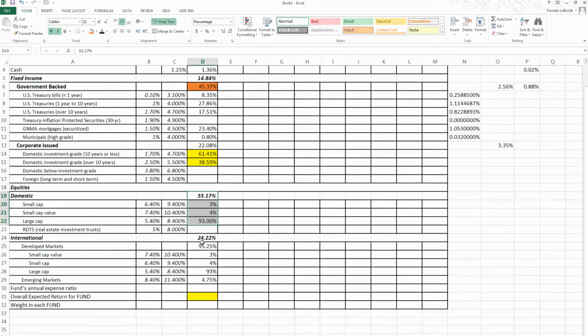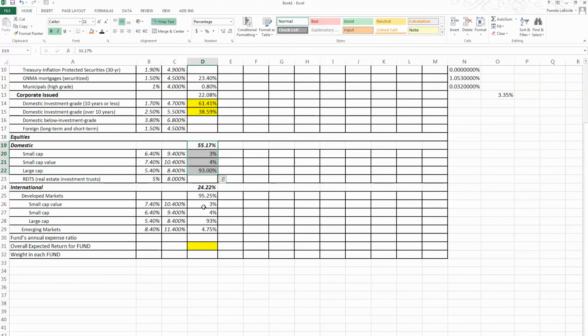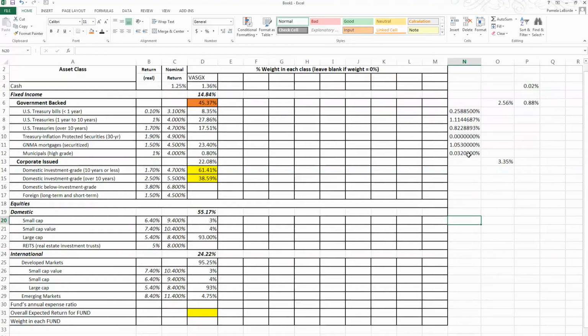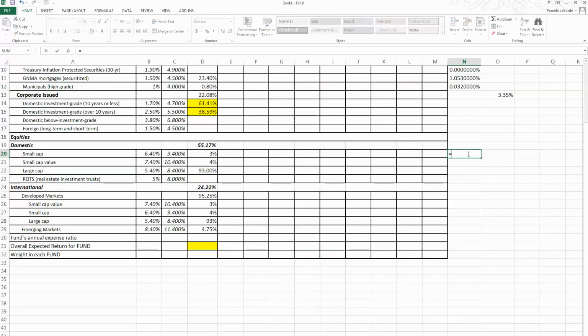The equities will be easier, I hope. Okay, so for equities, 3% of the domestic equities is in small cap, which is expected to generate a 9.4% return, plus 4% is in small cap value, which is expected to generate a 10.4% return, plus, well, actually, I'm sorry, I'm just going to do it the same way I did it before.